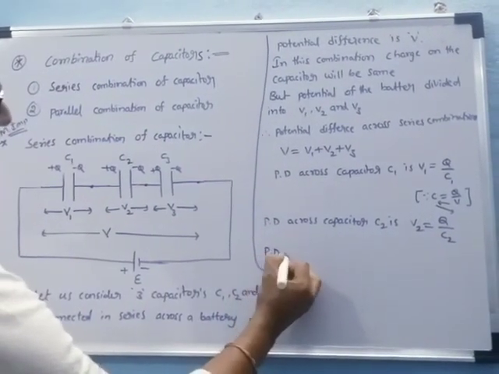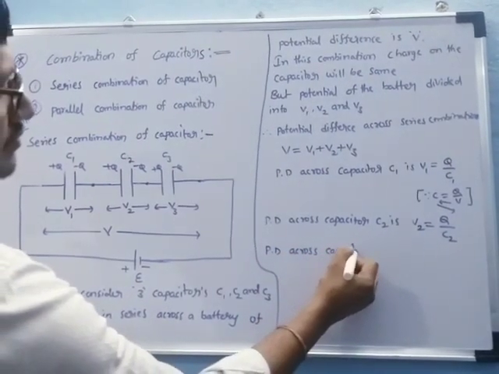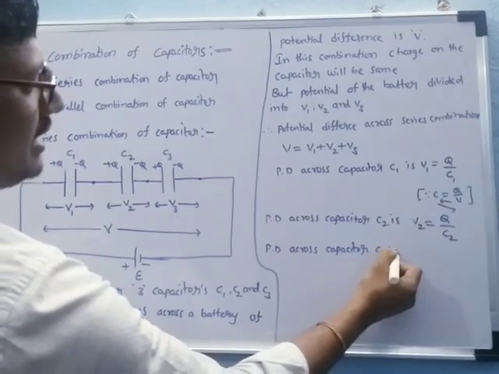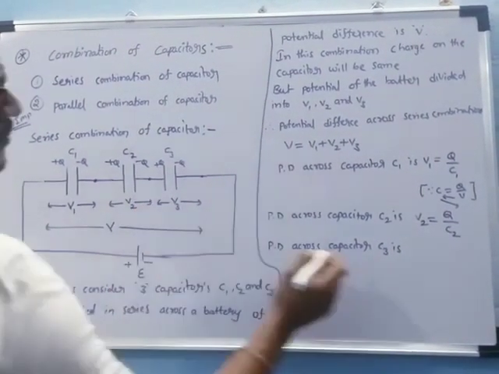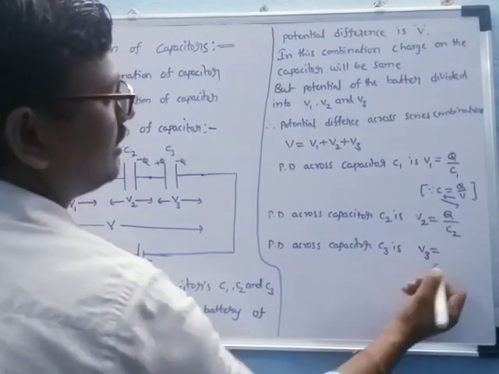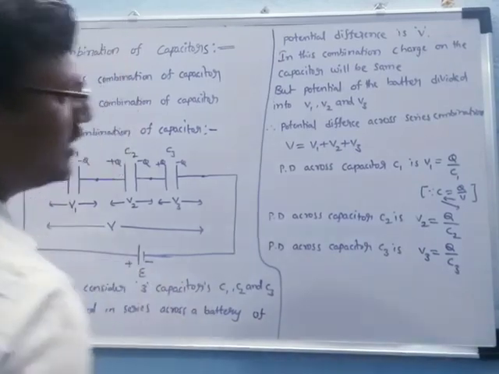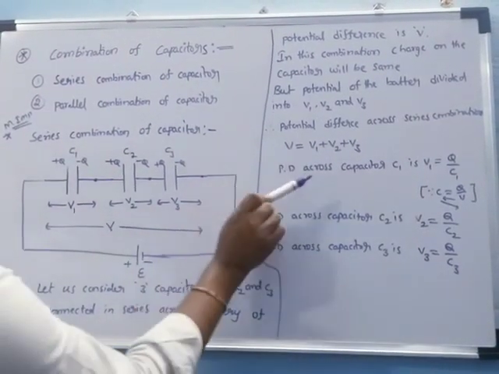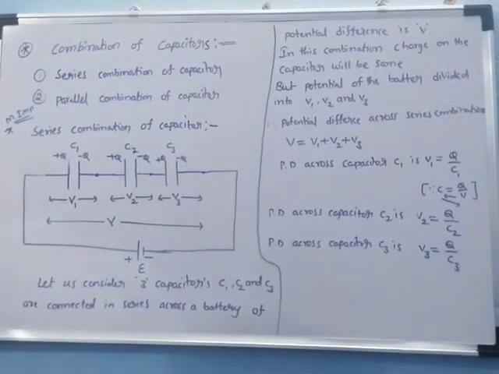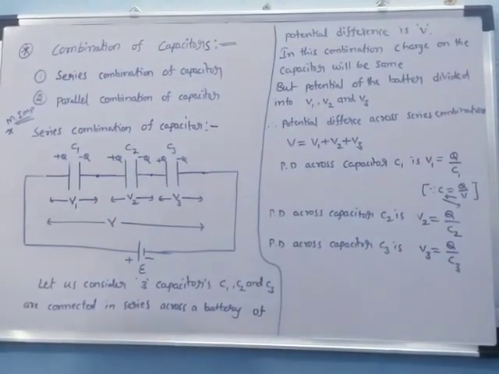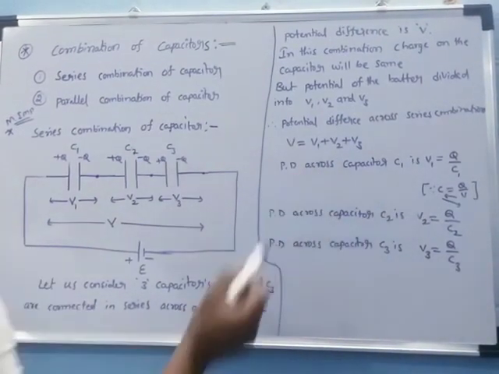The potential difference across capacitor C3 is V3, equal to Q by C3. So V1 equals Q by C1, V2 equals Q by C2, and V3 equals Q by C3. Now these three values we can substitute in the above equation.